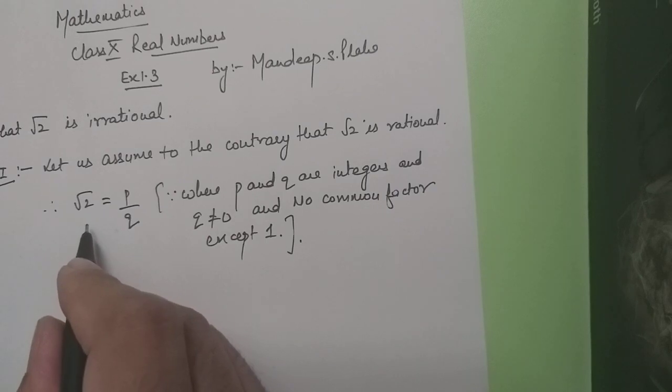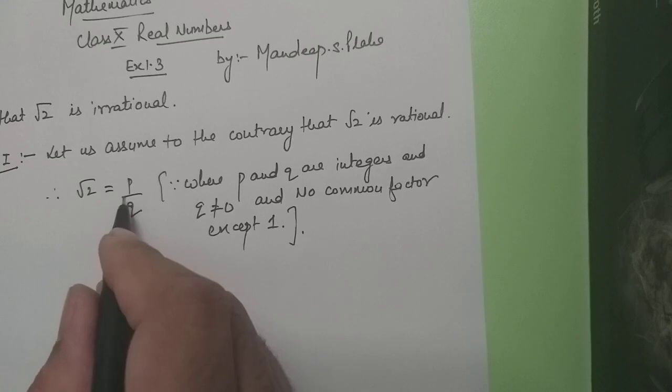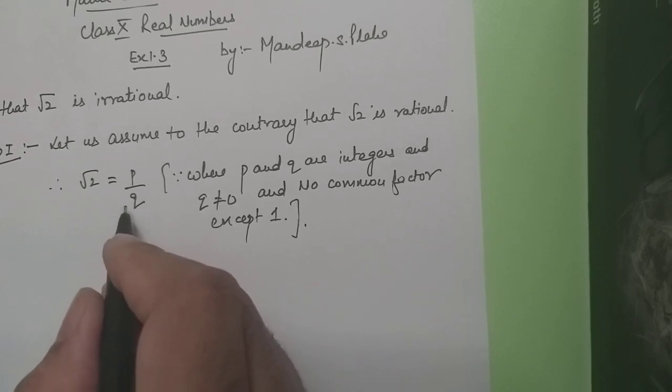So we have taken root 2 as rational and written root 2 is equal to p by q, in the form of a rational number.